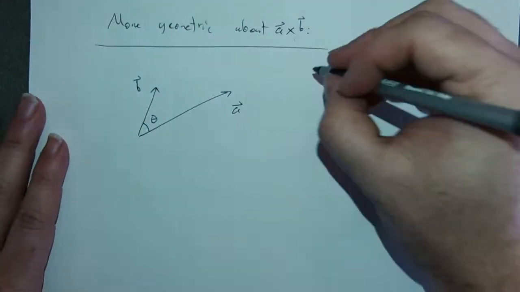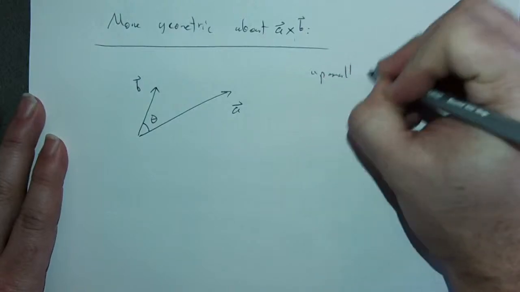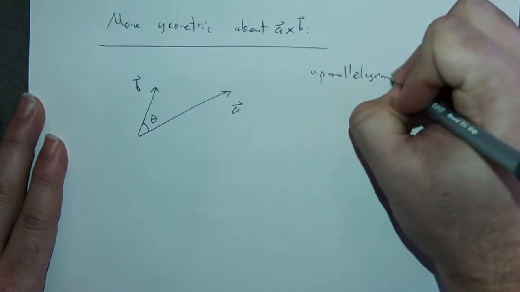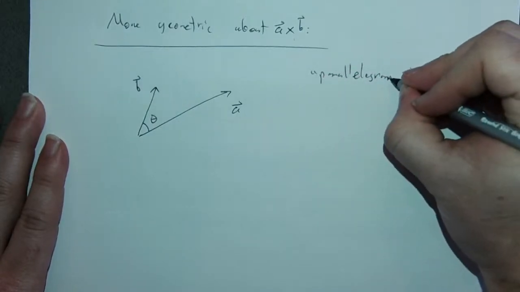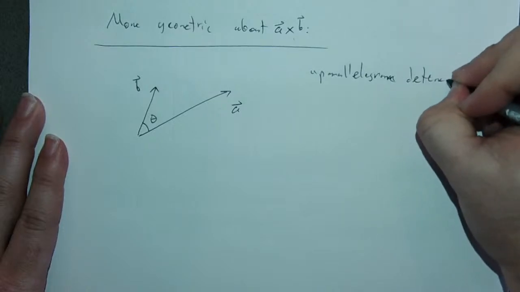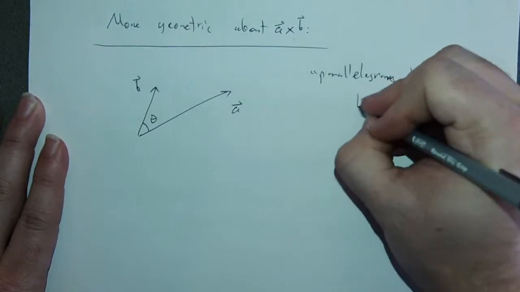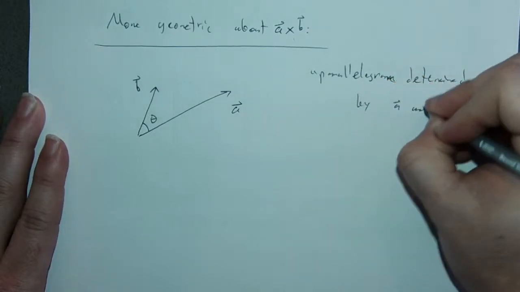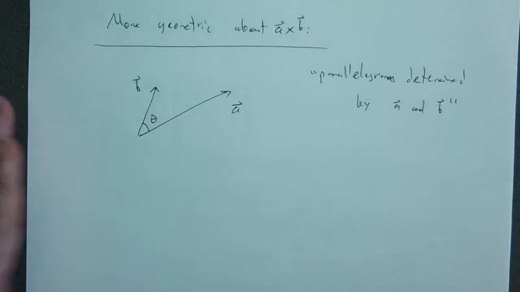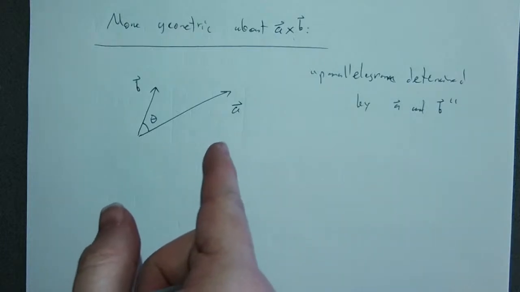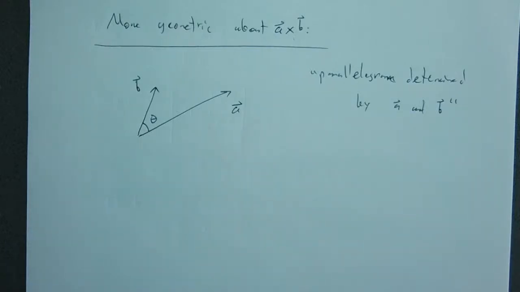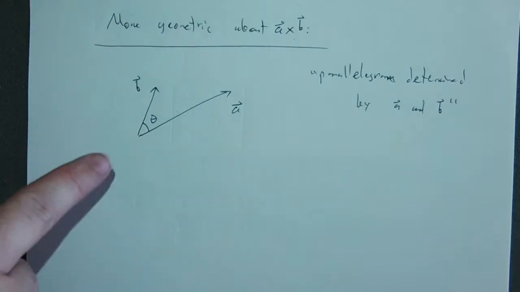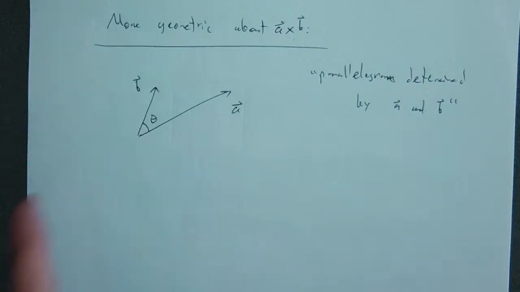What is the parallelogram determined by A and B? In order for this parallelogram to actually be a parallelogram, A and B would not only need to not be the zero vector, they would also need to not be scalar multiples of each other.